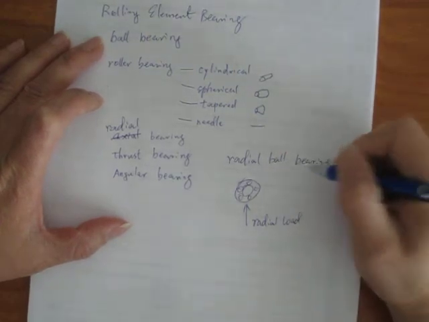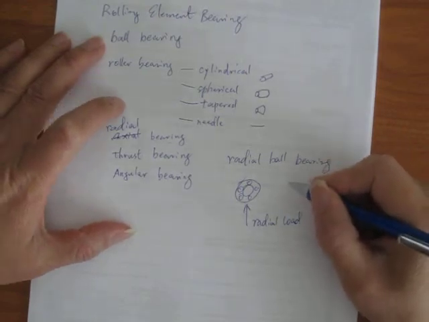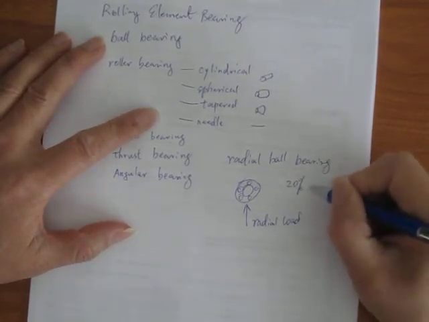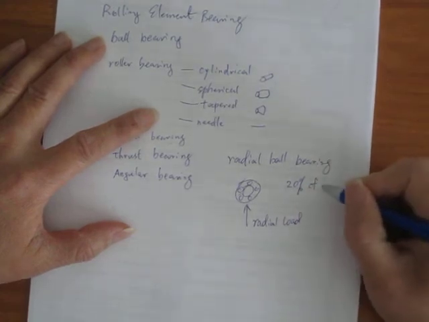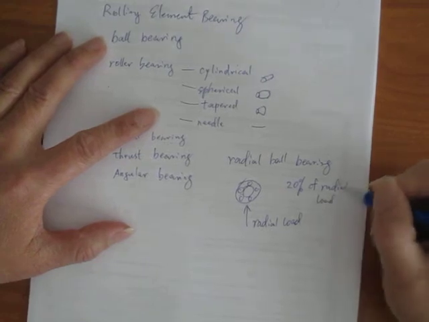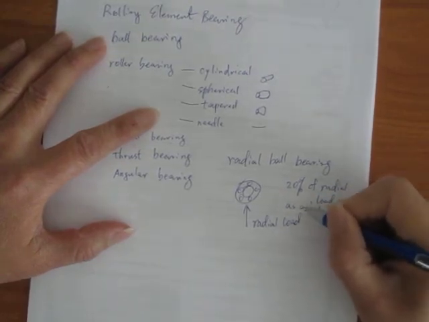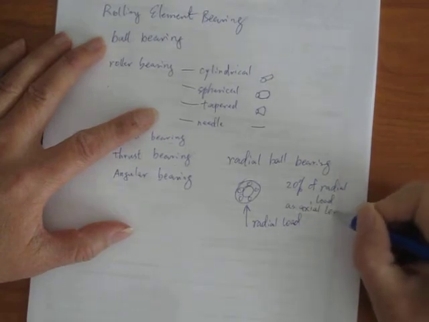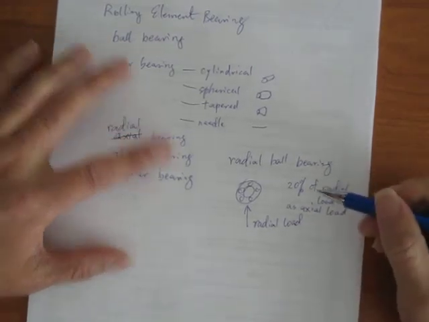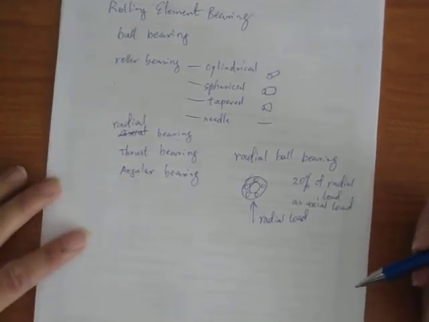But any radial ball bearing is supposed to be able to take 20% of the radial load as axial load. So it's not like you cannot take any axial load at all. You can still take 20% of the radial load as axial load.